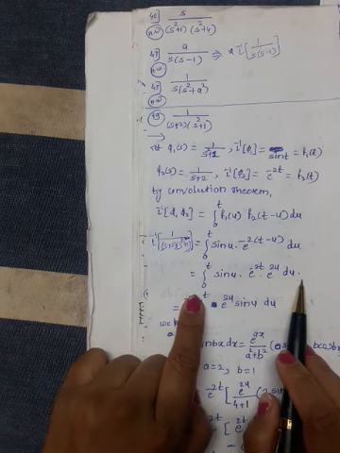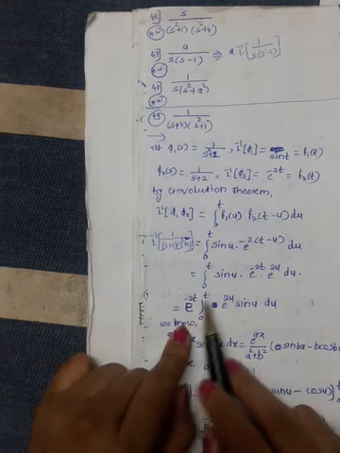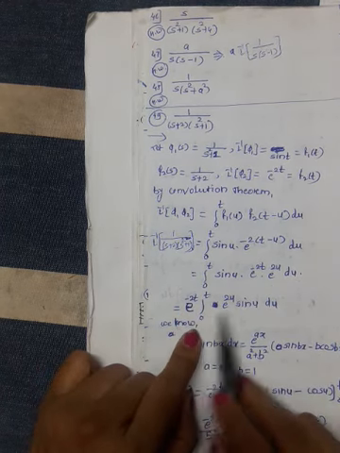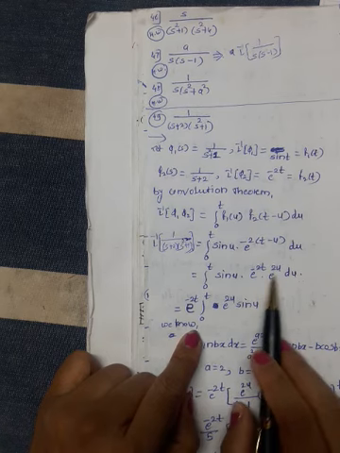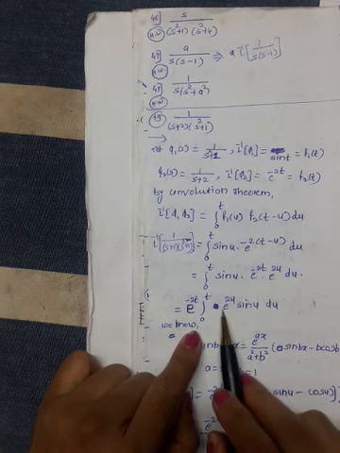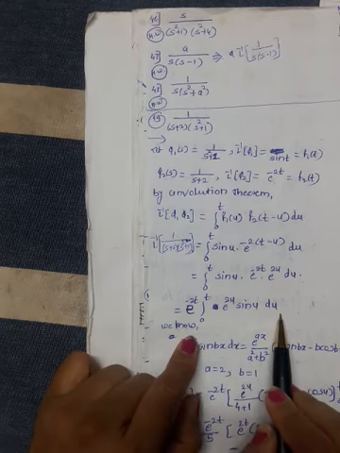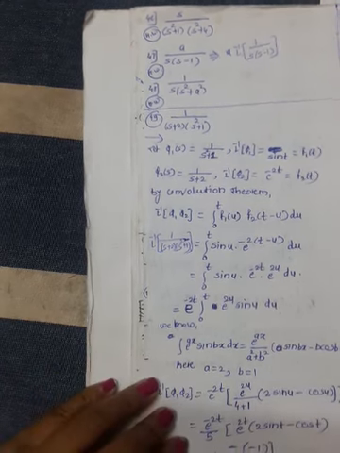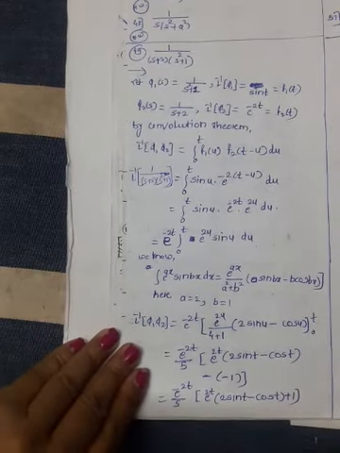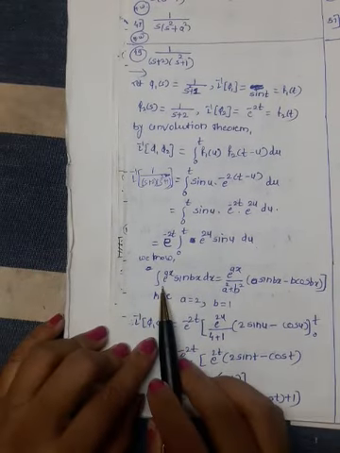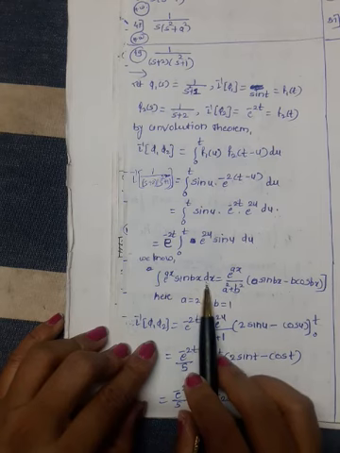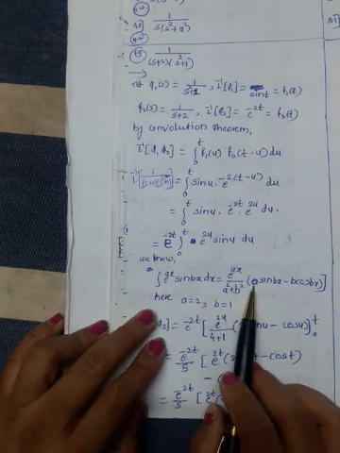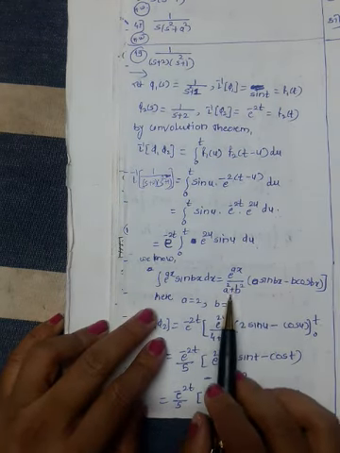Regarding this integration, take the constant outside, and the integrand remains e raised to 2u, take first, and sin u du. Now you have to solve this by using a well-known formula: integration of e raised to ax sin bx dx is equal to, this is the formula you have to mug up, e raised to ax upon a square plus b square.